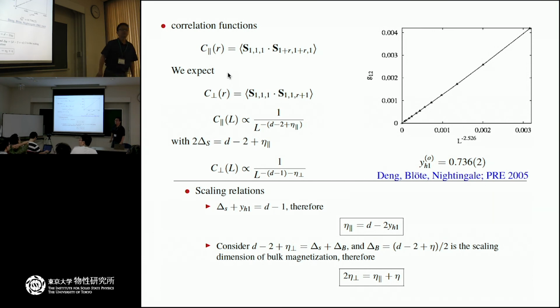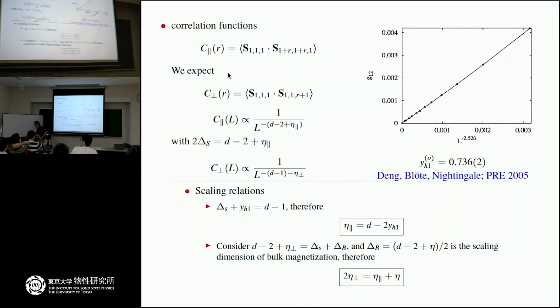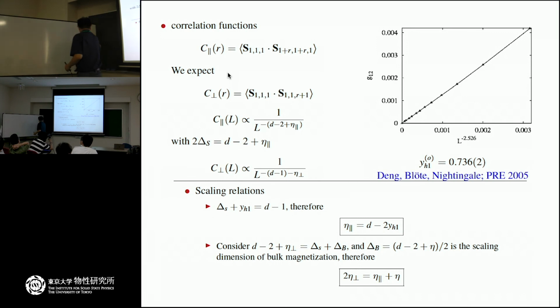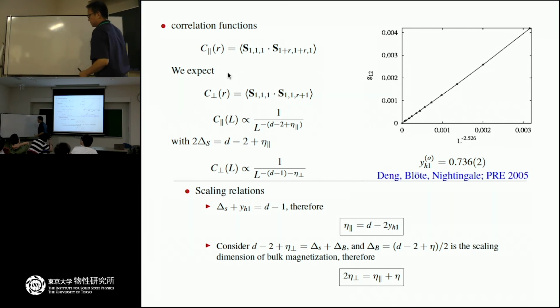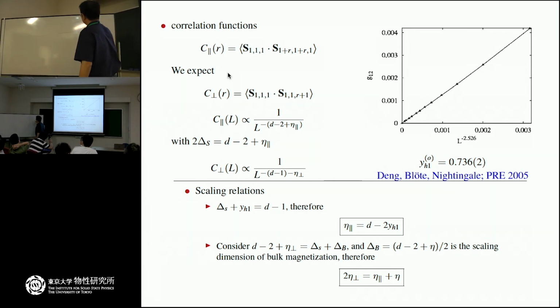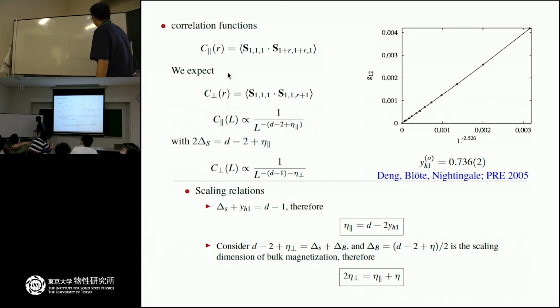I'm sorry, I got lost. So what is the difference between perpendicular and parallel? They're both surface correlation functions, right? Oh, no. I mean, you have a surface. This is bulk. You have a periodic boundary here, but here you have a surface open boundary. S1 to this SR is the surface correlation.